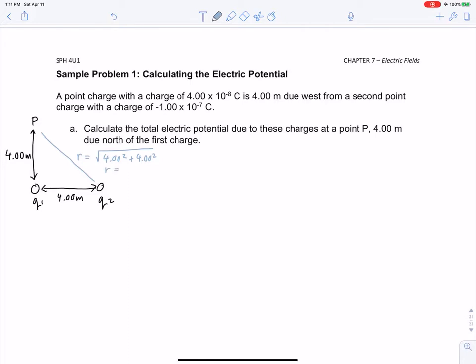So r is equal to 5.7 meters. Actually, I'm going to change that to 5.66 meters, keeping the correct number of significant digits.